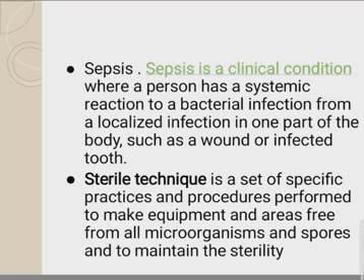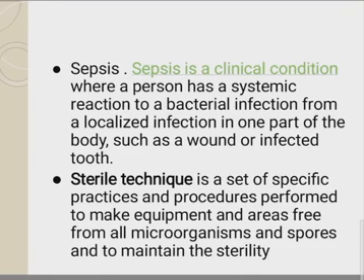If a person gets infection from a hospital due to the systemic reaction to a bacterial infection from a localized infection, having a wound or infected tooth, that would cause the entire body to pain. So to get this sepsis, I would recommend you to learn it by heart, because its definition is not giving any logical sense.